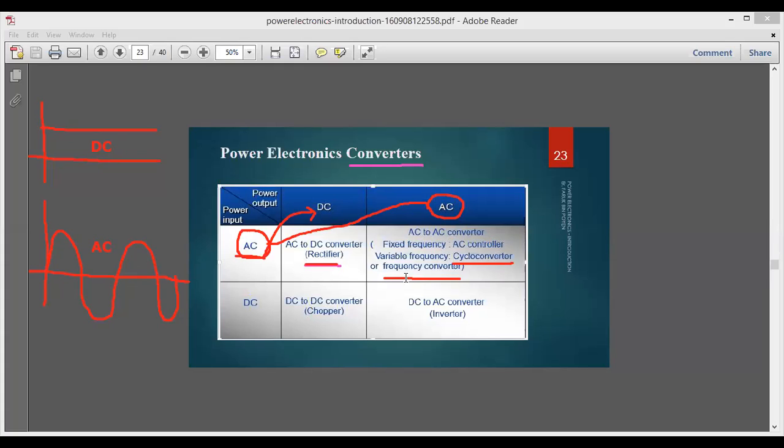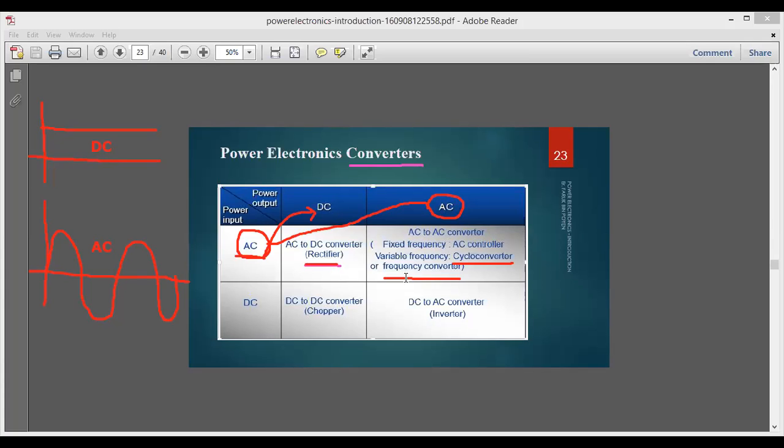You are converting one frequency to another frequency. For example, if the input signal frequency is around 10 hertz and you want to achieve 100 hertz at the output of the electronic device, then we can use cycloconverters.